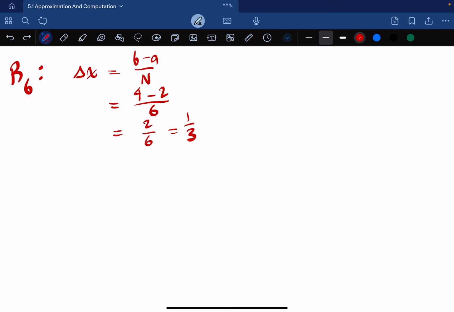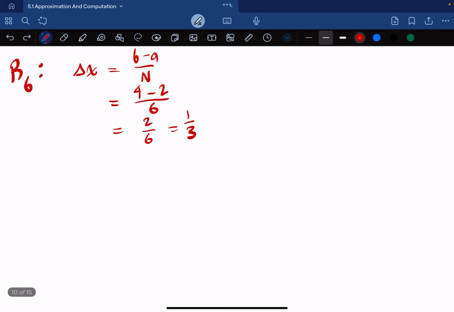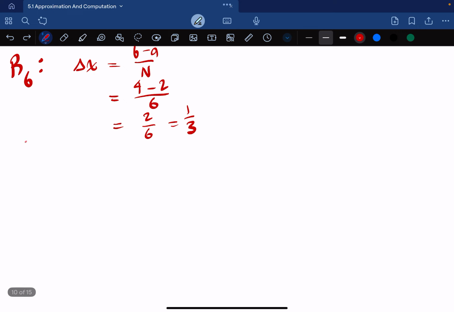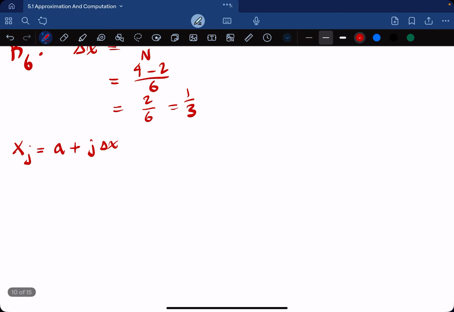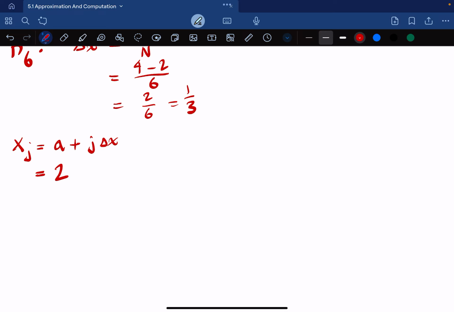Now, once we have that, we're going to find the x value for each of the endpoints. And remember, this is right end. So the very first one is actually x of 1. We're just going to make the general equation right for now. It is a plus j delta x. We can substitute some values into here.